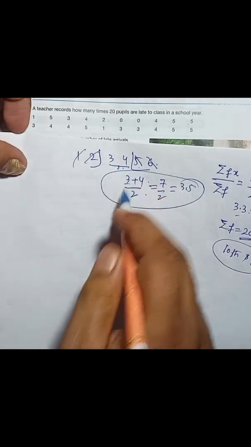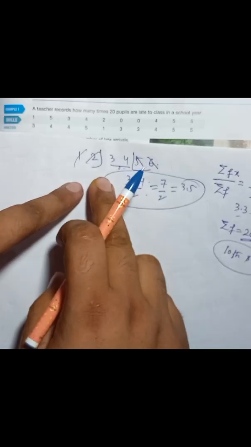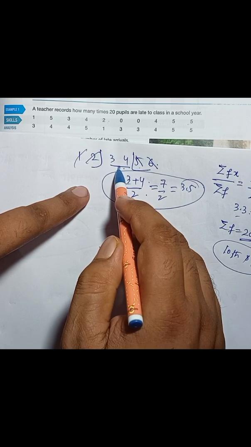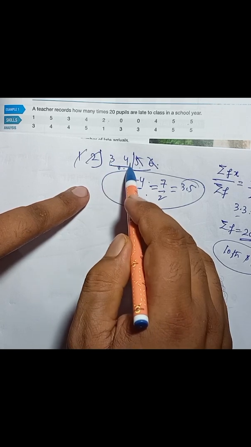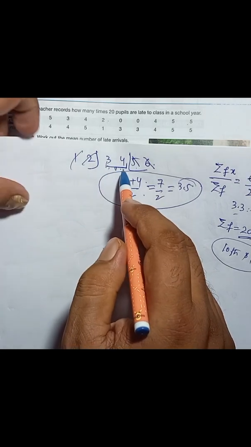How to find the median? We first arrange the data in ascending order, then we look at the middlemost term. If two terms are in the middle, then we take the mean of the two terms.